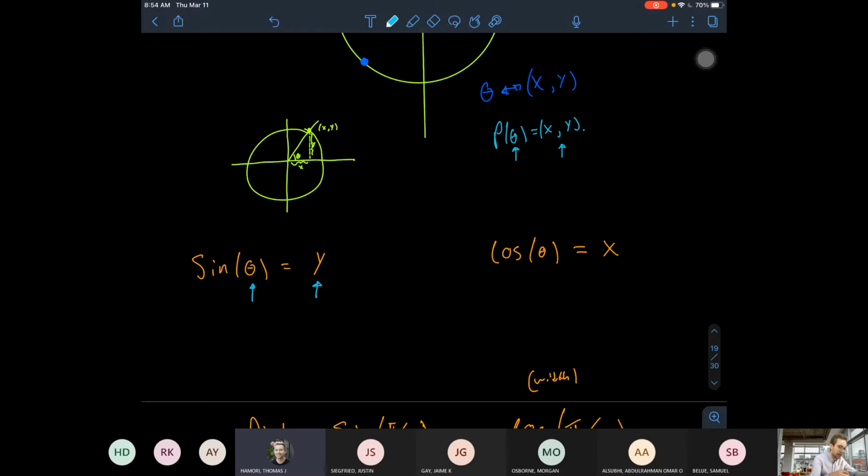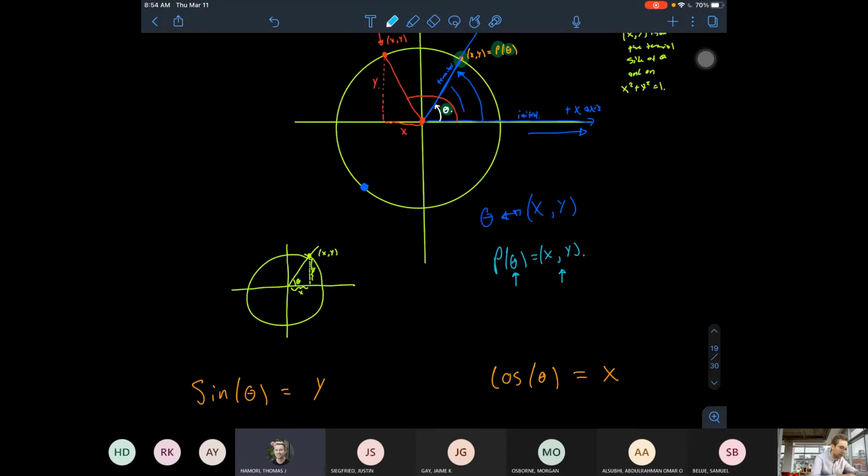We say, let's have a function sine, which takes my directions in terms of theta, and it will give us just the part of the second form of directions which tells us how far up and down to go. And then cosine theta will take this angle, and it will give us the part of directions which tell us how far left and right to go. That is what cosine theta and sine theta do.